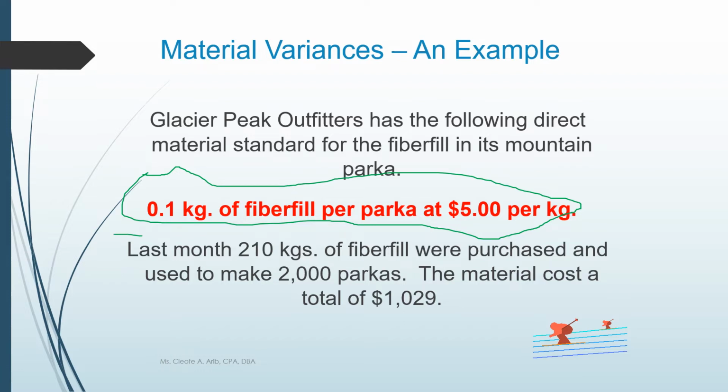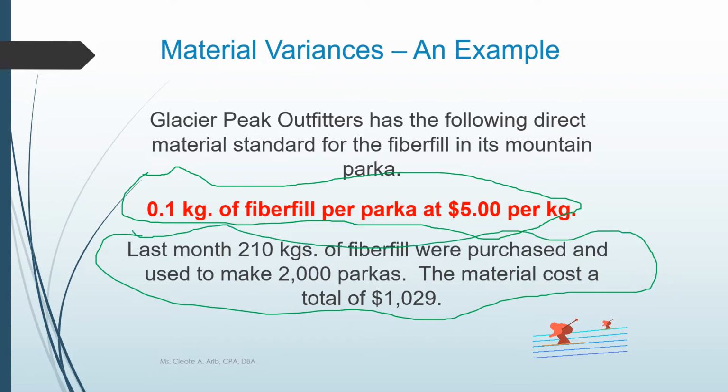And then this is the actual result. So looking at your actual result, what does it say? You were able to use how many kilograms? 210, because how many parkas did you manufacture? 2,000. And then how much was the total cost of this 210 kilograms? It cost you how much? 1,029.